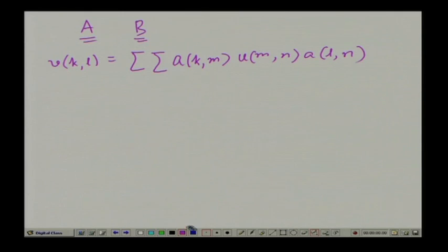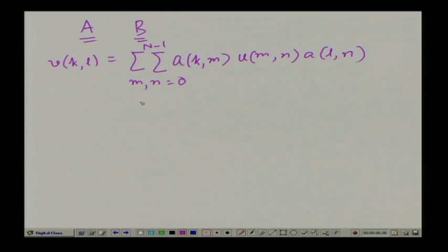So, because this is a separable matrix, we can write V(k,l) in the form of A(k,m) u(m,n) into A(l,n), where again in this case both m and n will vary from 0 to capital N minus 1.